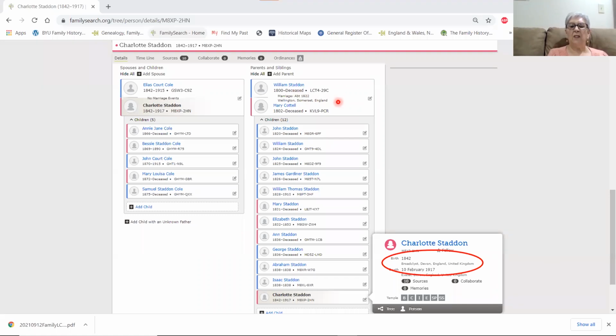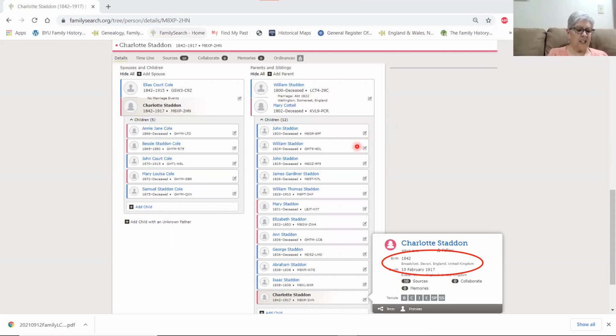If they know the year range, why wouldn't they know the actual date? That was a bit concerning. Also, John Stadton right here was born in 1820. If the couple were married in 1822, that's a little bit far before the marriage. But Charles Champney was born 3 years before the marriage, so maybe not.